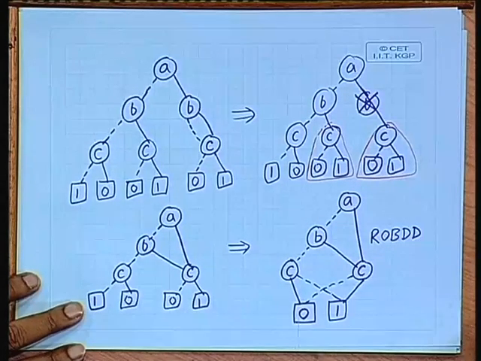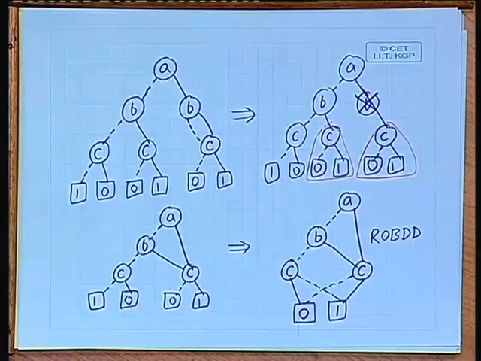Now here the point to note is that the BDD representation is not canonical, I told you, but OBDD is. Once you have fixed up the ordering, the BDD will look the same. And if you apply the reduction rules, the ROBDD will also be canonical against a given variable ordering.